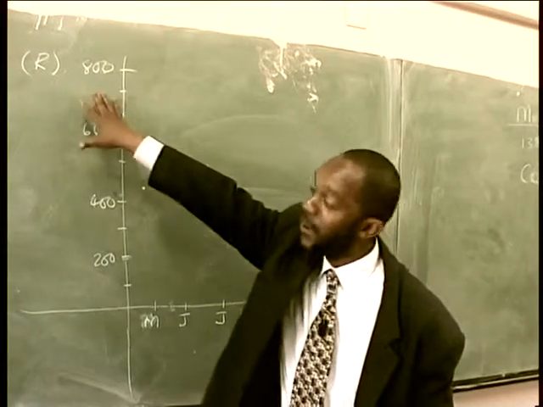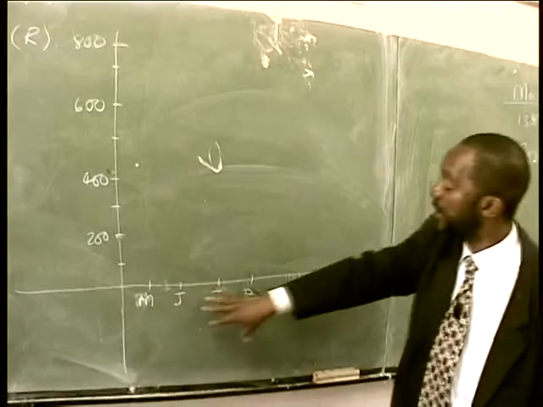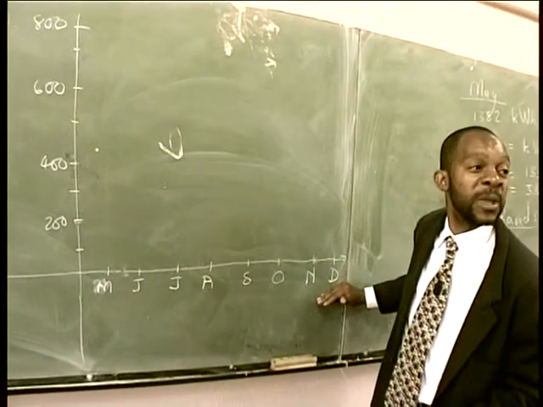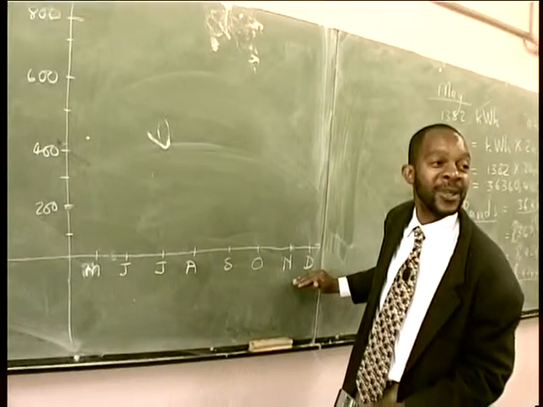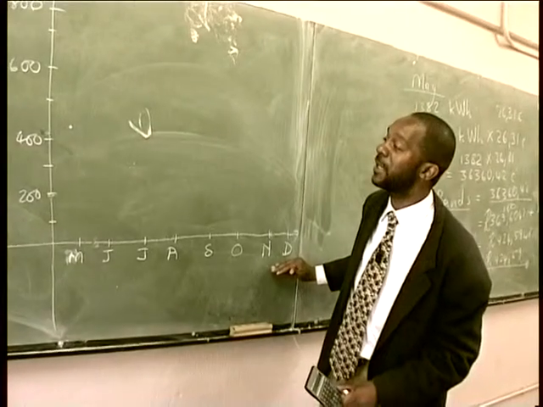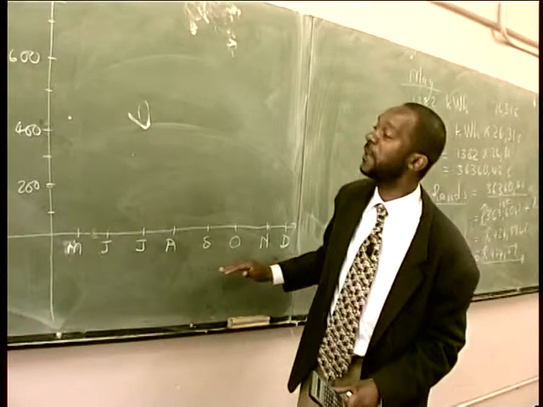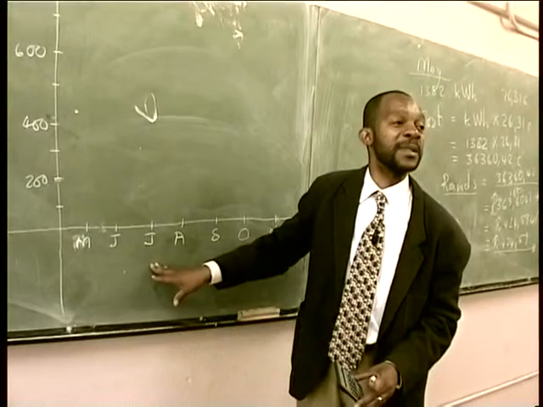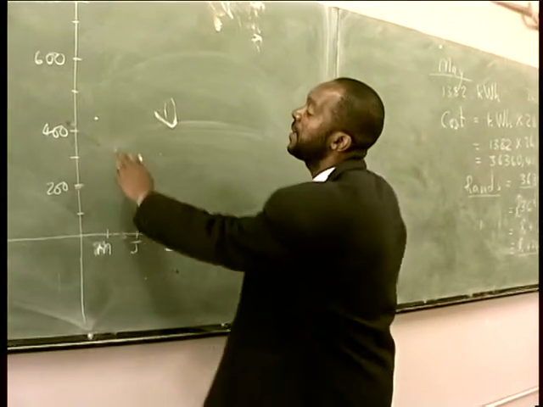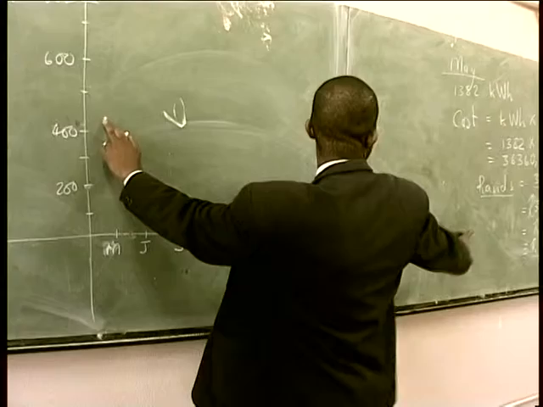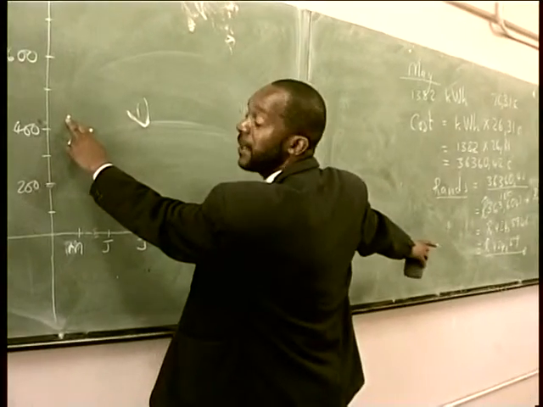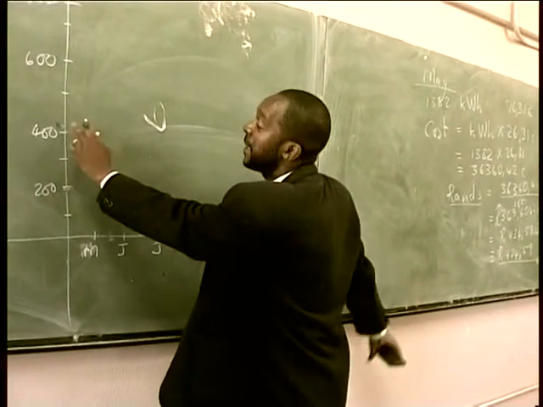I have rands on my vertical axis and I have the months, the period of the year, on the horizontal axis. Now we need to plot the points for the costs of certain months. I have put my point here, which is about 424 rand 59 cents, and it's about at that point.